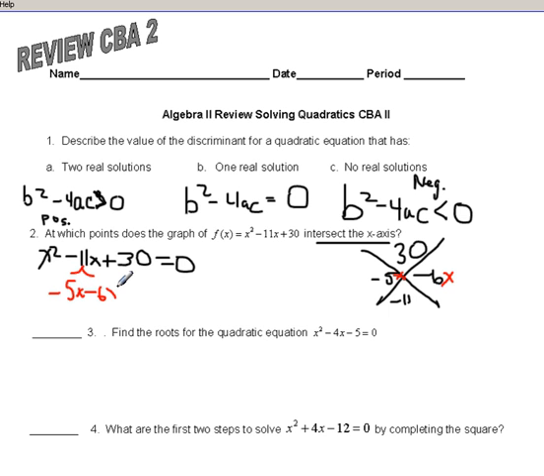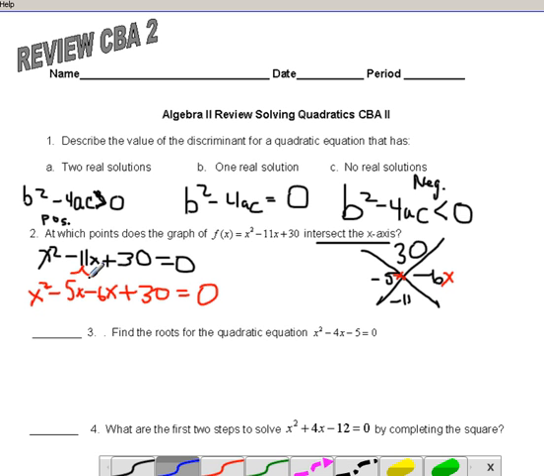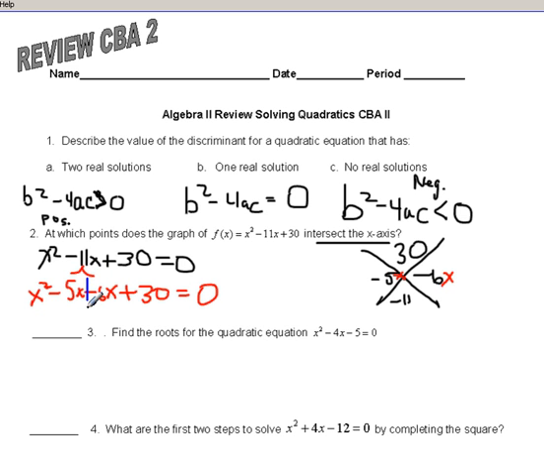And then my x squared just comes down and my plus 30 comes down. And then you split the middle. I'm going to change colors to split the middle. So we're going to split the middle right here.